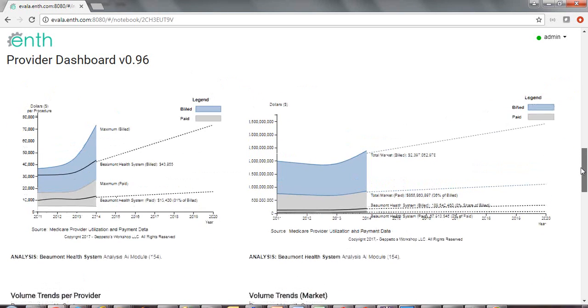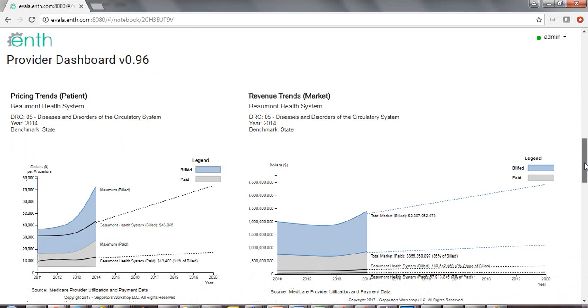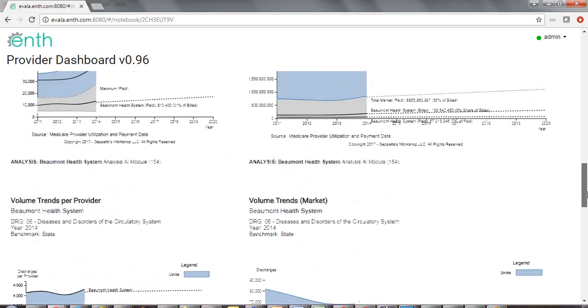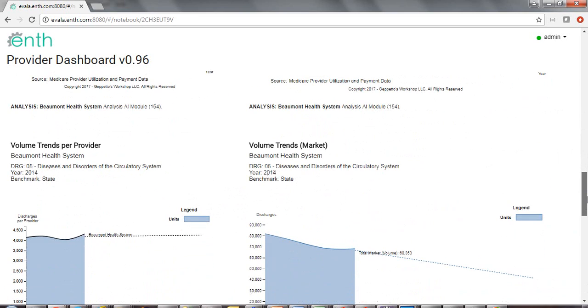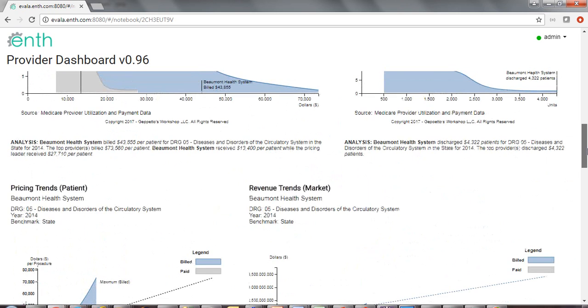If you're more competitive, profit-wise, in some particular market, you may want to make investments there, but hold off, like in this case, in diseases and disorders of the circulatory system, because the market may not be there in 5 or 6 years.